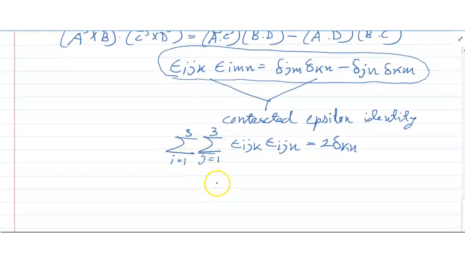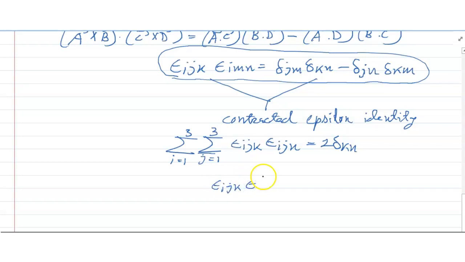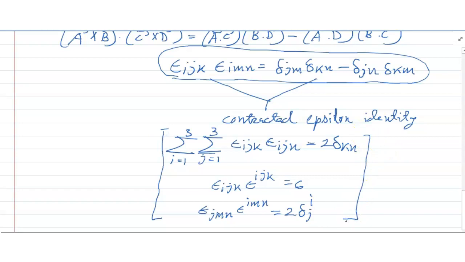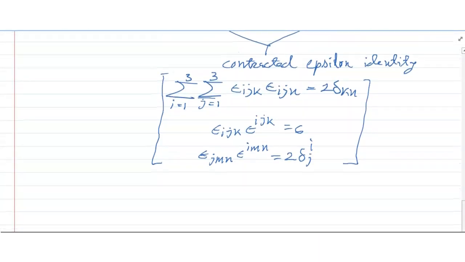Another property is epsilon ijk into epsilon ijk equals 6, and epsilon ijk epsilon imn equals 2 del jm. These are the properties, friends, of the three-dimensional epsilon Levi-Civita tensor.